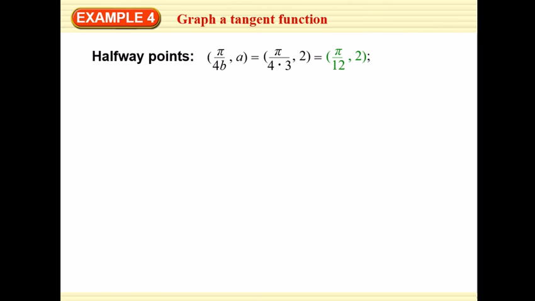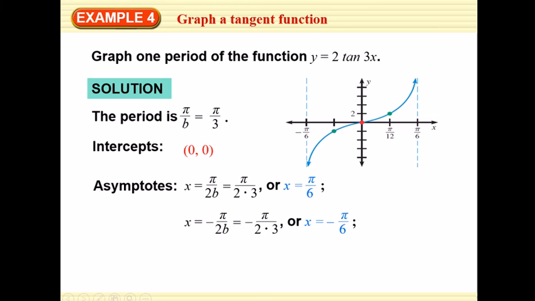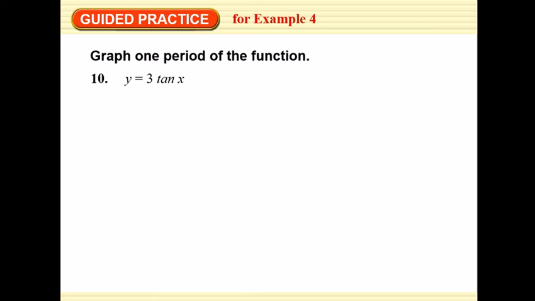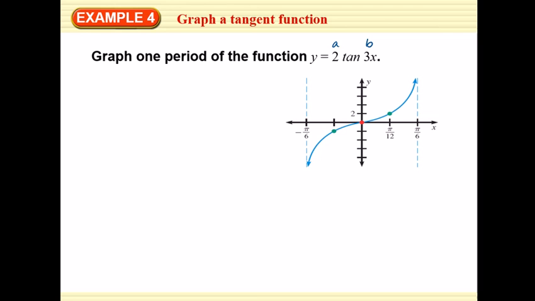So what I do is I take this pi over 6, the pi over 2b, and I divide that by 2. And that is how I get that pi over 12, comma a. And I do that on the negative side as well for a nice graph that looks like this.